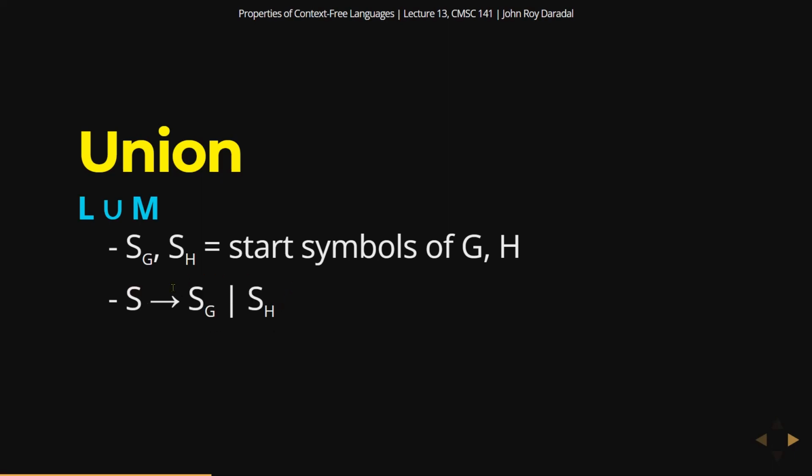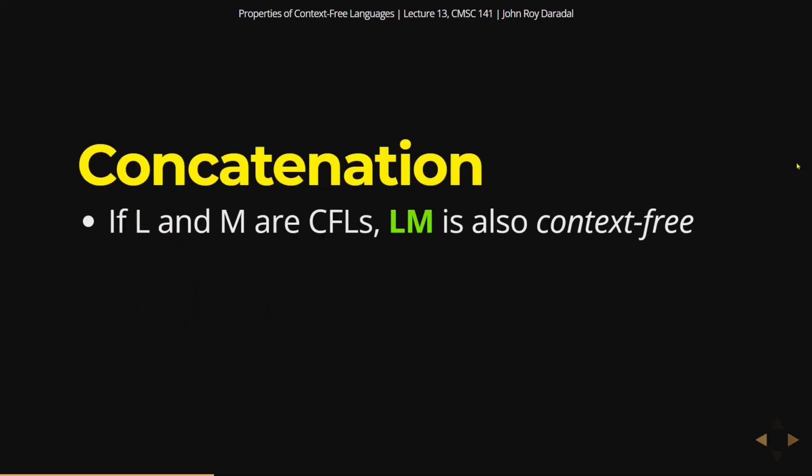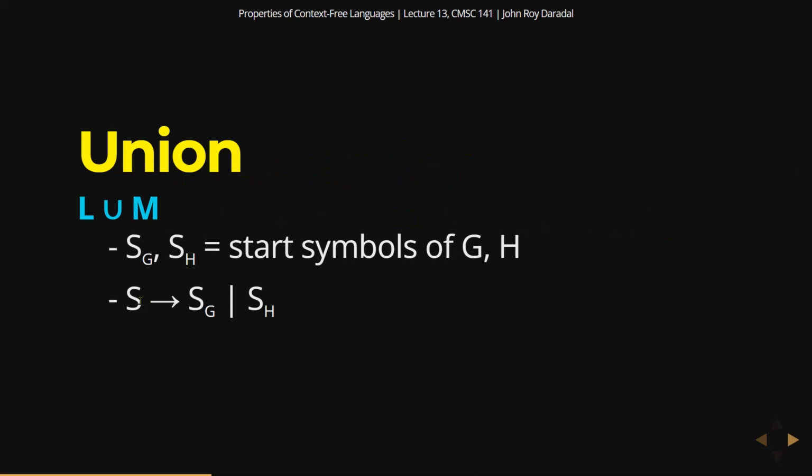That means S could derive the strings in the grammar of G or the strings in the grammar of H. That's already the CFG for L union M. It derives all strings in L and in M, given that the grammars were G and H respectively. Since it has a context-free grammar, we are sure that it's also context-free.